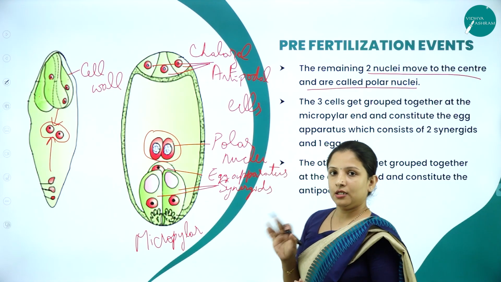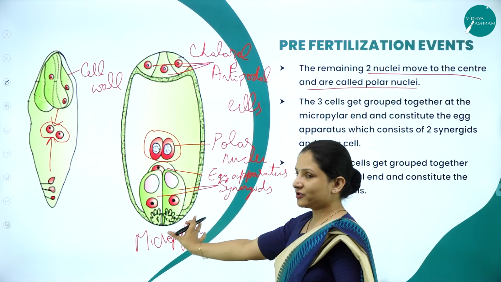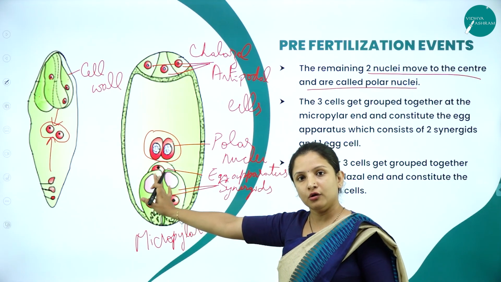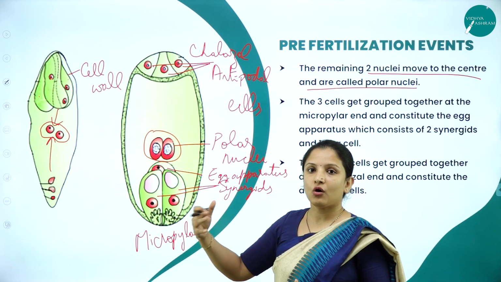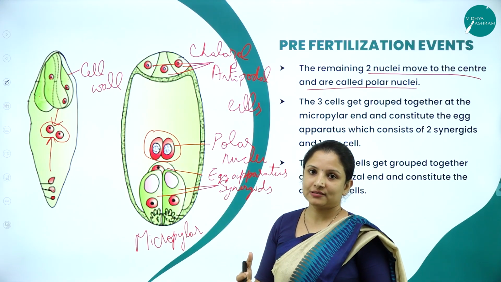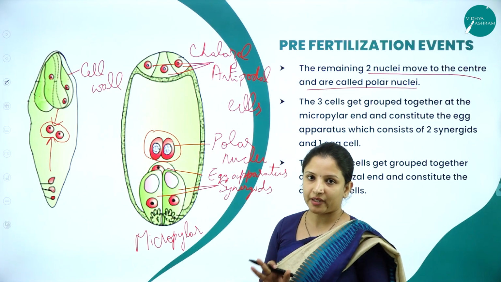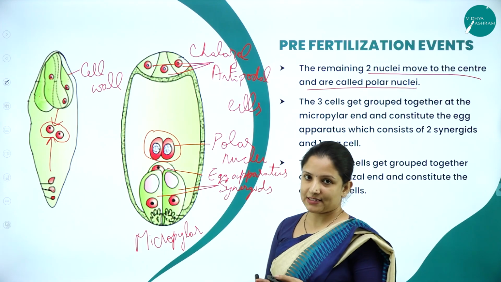Now we had learned the structure of the embryo sac in the previous session, how all these cells developed inside the embryo sac. It was because of the mitotic division of the nuclei present in the functional megaspore. So this is about the pre-fertilization events.